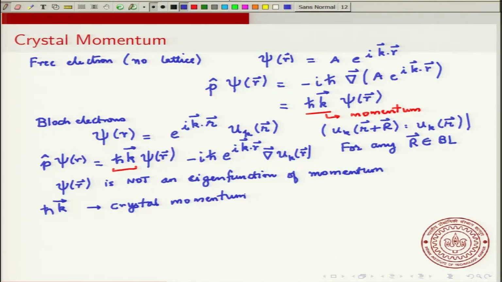This is called the crystal momentum, so you can really think of k as in some ways related to the momentum. It is not a true momentum, but the term used is crystal momentum. In fact, you can do more advanced quantum mechanics to explore the connection between crystal momentum and real momentum, but that will not be covered in this course.